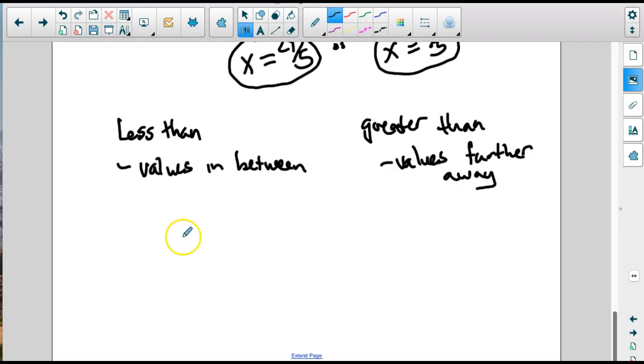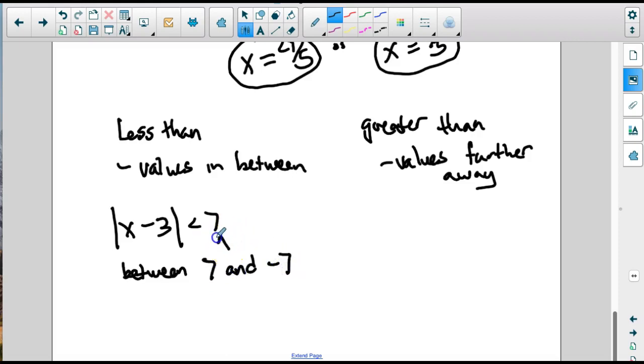Okay, so if we have, let's say, x minus 3 is less than 7, then we're looking for values that are between 7 and negative 7 away from this thing. So since we're looking for values in between, we're looking for values between 7 and negative 7 because of this value.